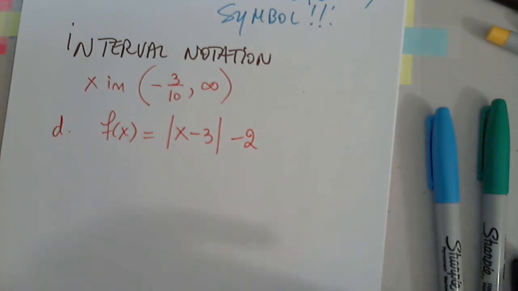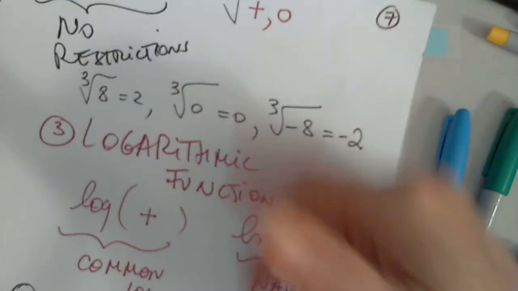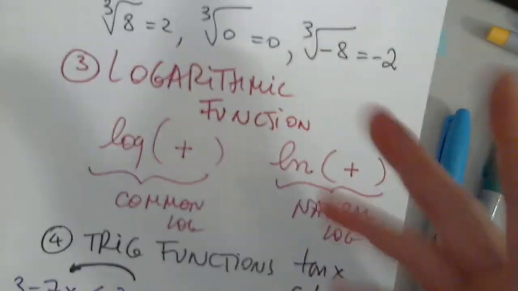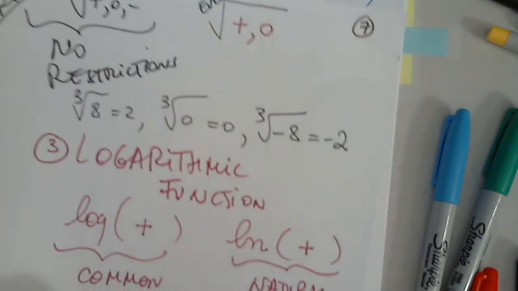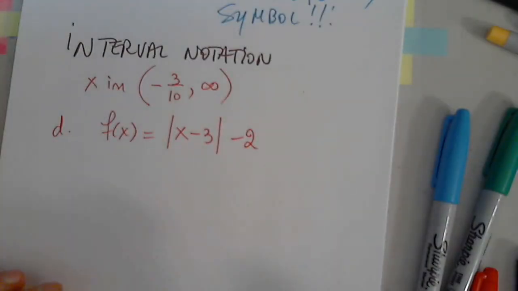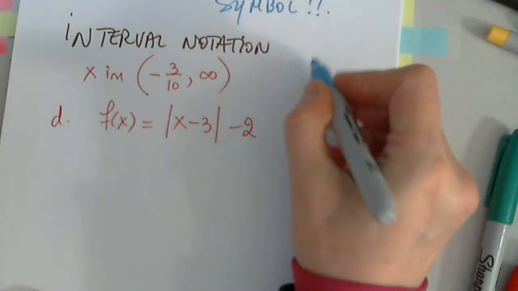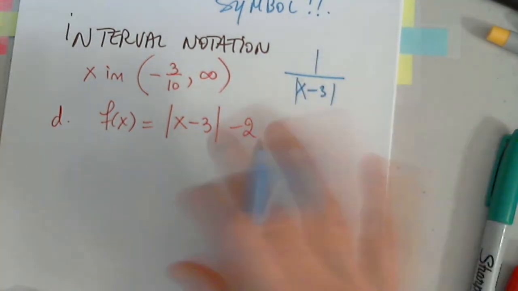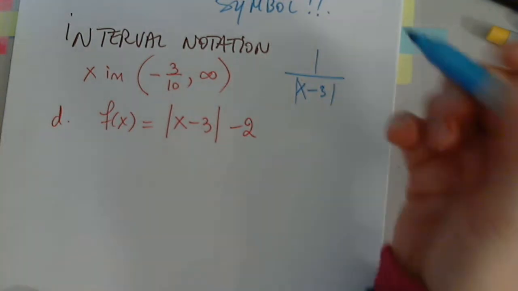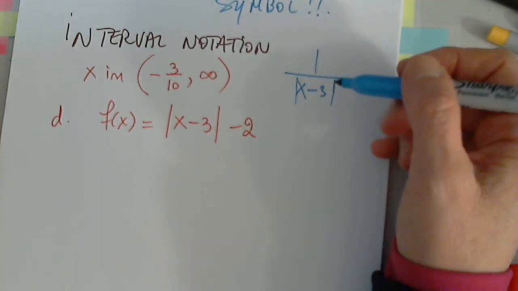I would have mentioned before, when Lindsay asked when do I state restrictions, I would have mentioned the absolute value here. I did not, because absolute value is friendly, unless it's in the denominator. So this is a combination of two functions, and we're going to talk about it in class.